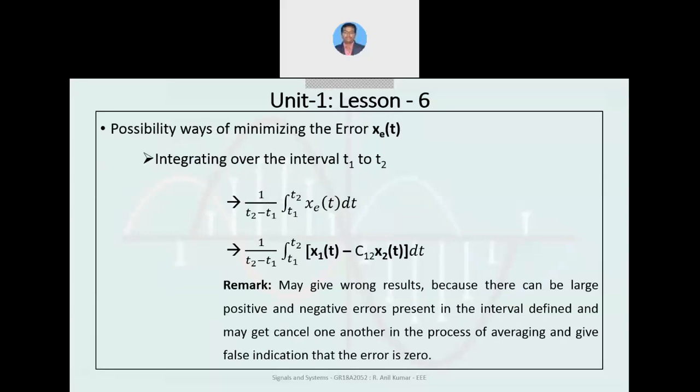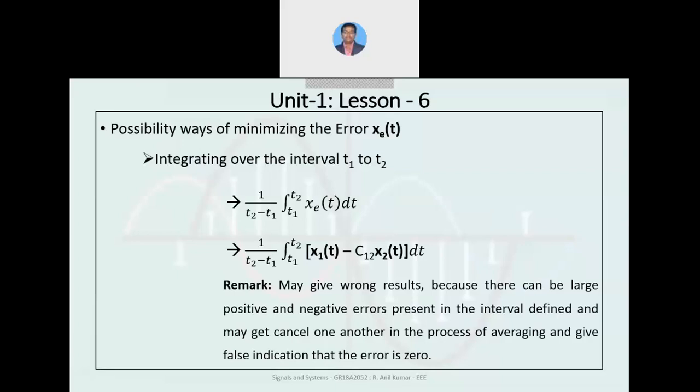For this minimization, one method is to take the integration over the interval t1 to t2. Expressing xe of t as an integration, we get 1 by t2 minus t1 integral from t1 to t2 of xe of t into dt. Rewriting xe of t from the previous slide, I get 1 by t2 minus t1 integral t1 to t2 of x1 of t minus c12 x2 of t, whole into dt.